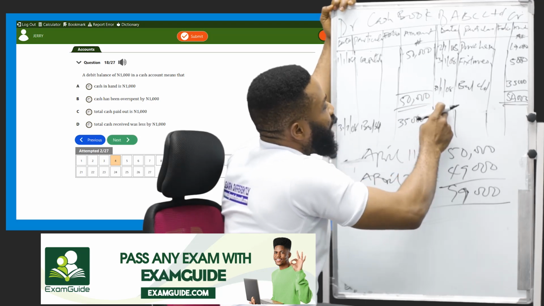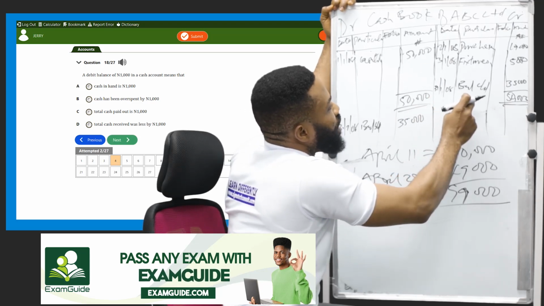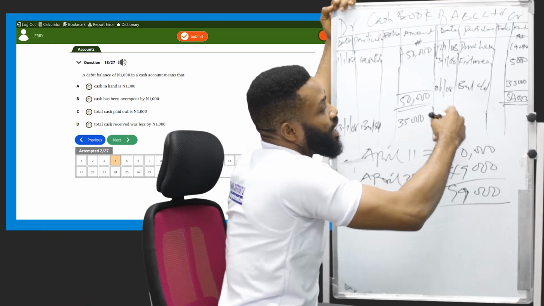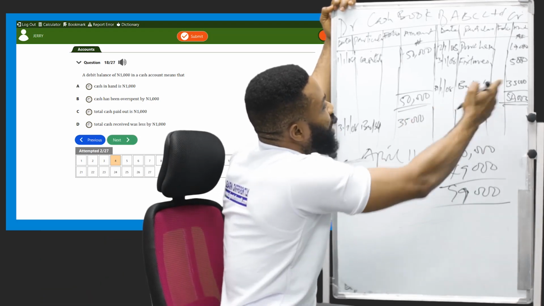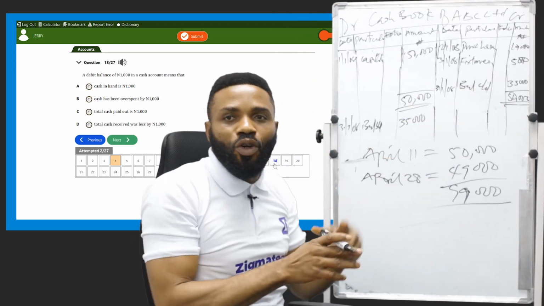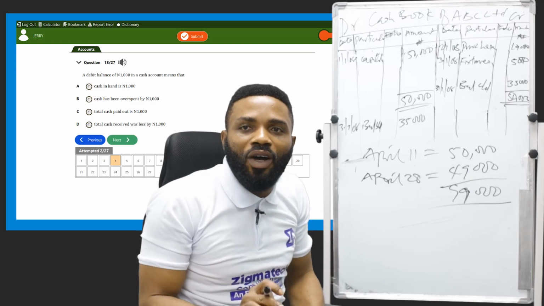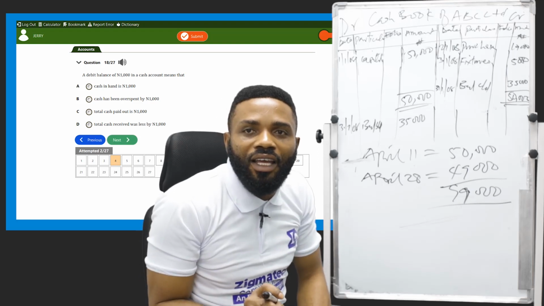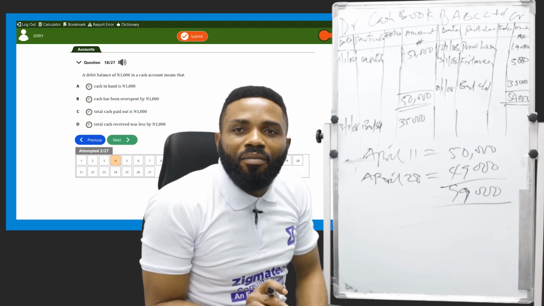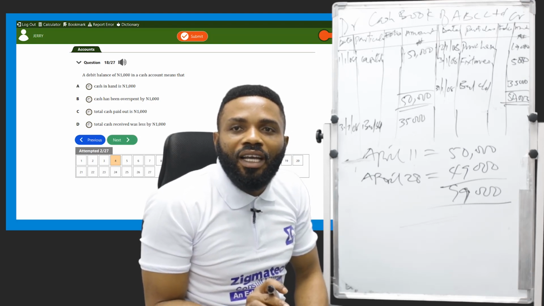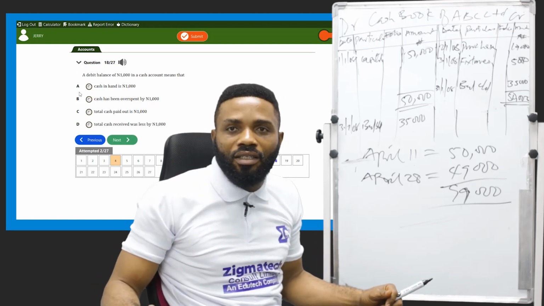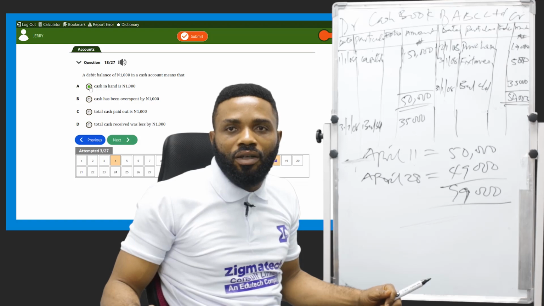So a debit balance indicates money we have at hand at the end of the period. So a debit balance is just the excess of receipt over payment. So looking at the question, they say a debit balance of 1,000 in cash means that A, cash in hand is 1,000. Cash has been overspent. So the answer there is A, cash in hand 1,000.